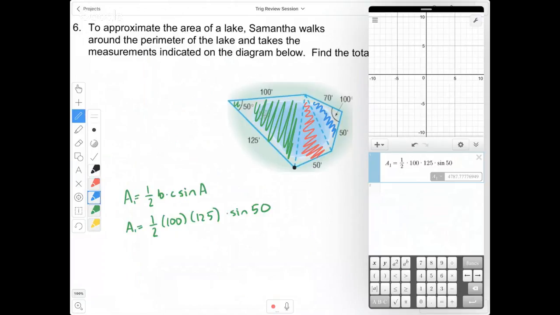The blue zone, I'm going to call area 3, is also 1/2 times 50 times 70 times sine of 100.